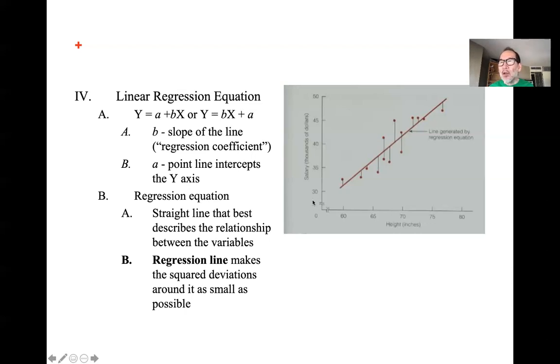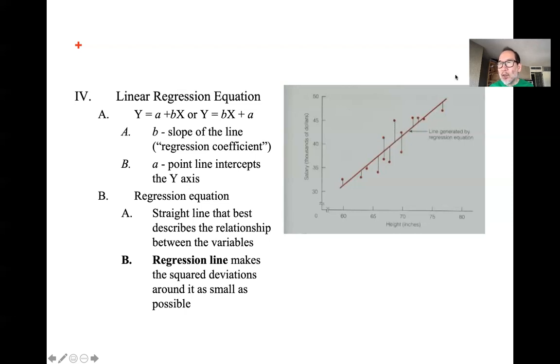Now, the other way to think about the linear regression equation, or the line here, is that this equation is the line that best represents all the scores. It's kind of like the middle person between all the scores. And it's this line which produces the smallest distance among all the scores.